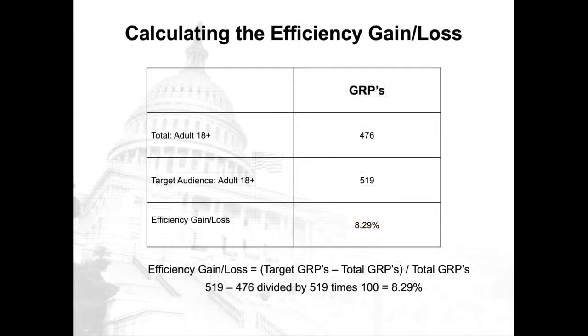In this instance, we get an efficiency gain of 8.29%. This means that your media plan is about 8% more likely to reach the target audience compared to the general market audience of adults 18 plus.